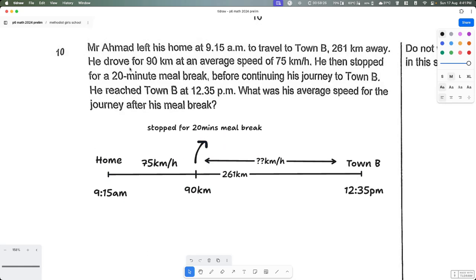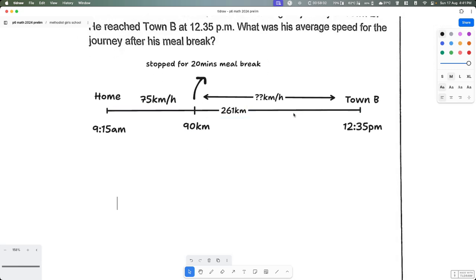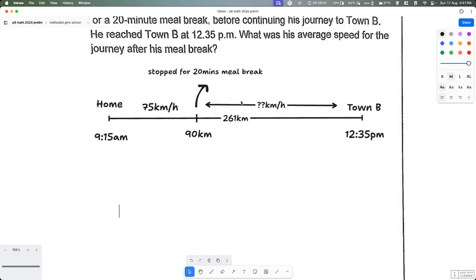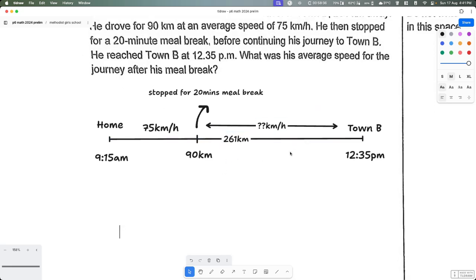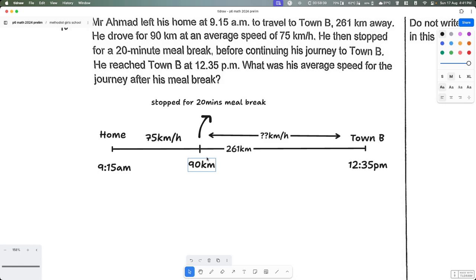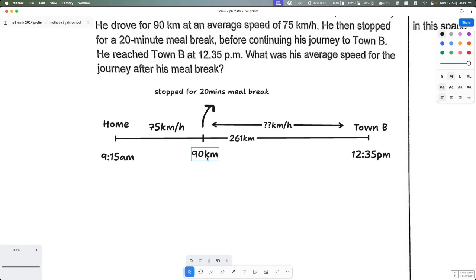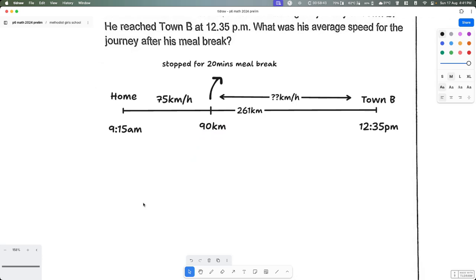So he drove for 90 km at an average speed. We want to know the amount of kilometers left after 90 km. So the remaining distance is equal to 261 minus 90. This should be 171.